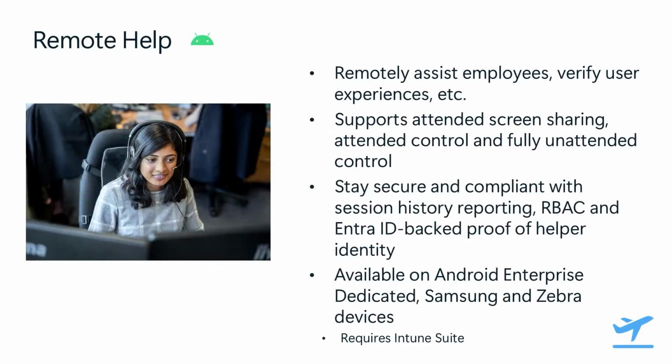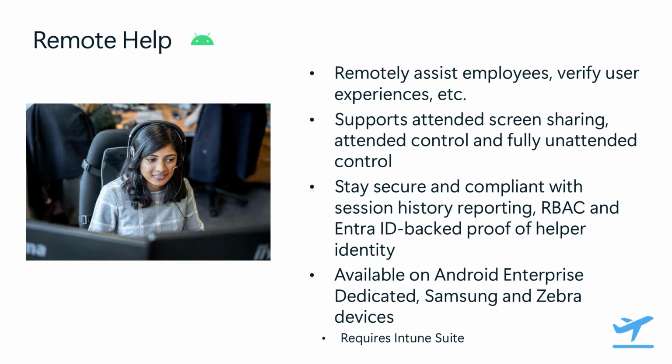Remote help is a remote assistance tool that allows IT to assist employees and troubleshoot devices remotely. It supports screen sharing as well as control, but most importantly, for frontline devices, we can use it for unattended control, even if the device is not being used.